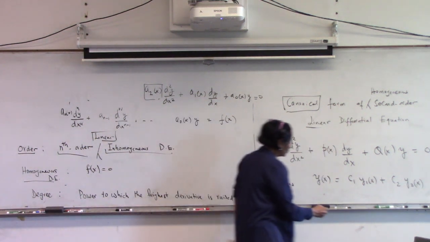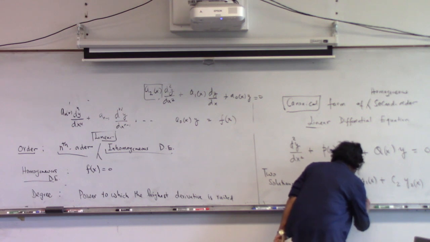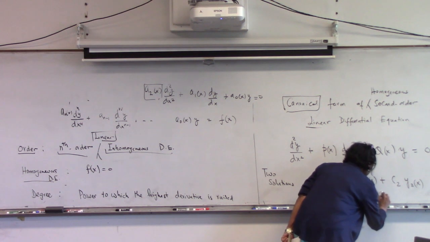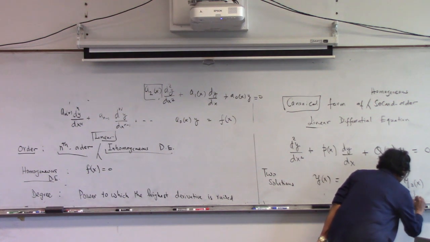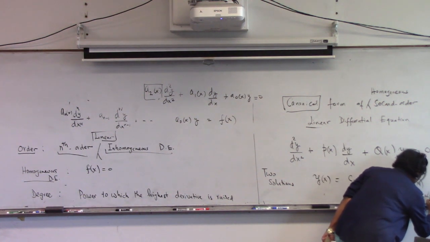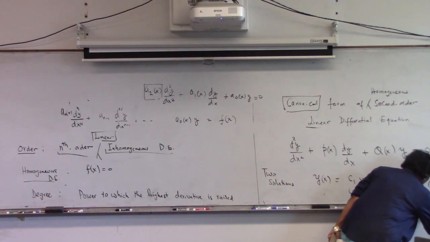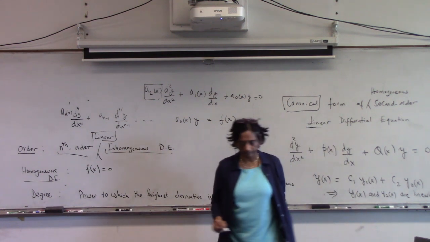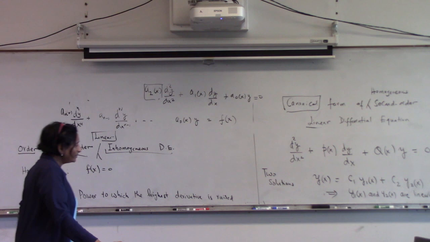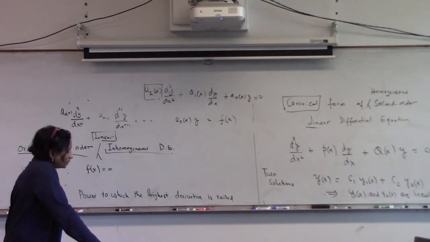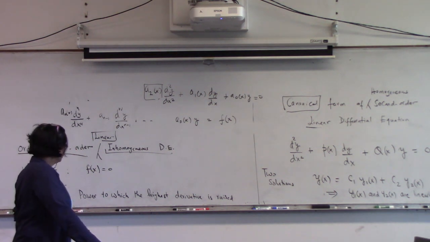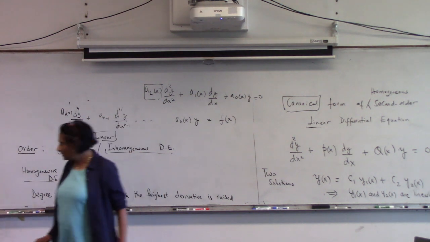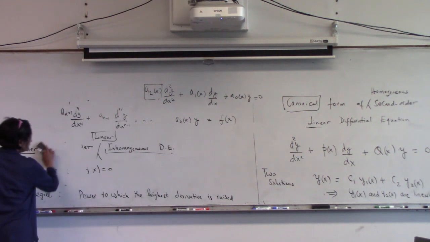So y1(x) and y2(x) are linearly independent. So what do we mean by that? We need to understand the definition of what we mean by linearly independent.